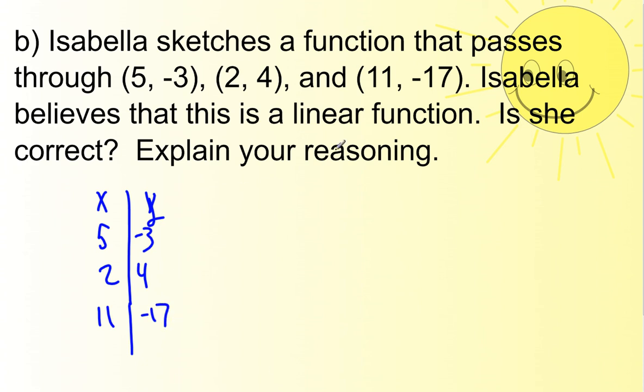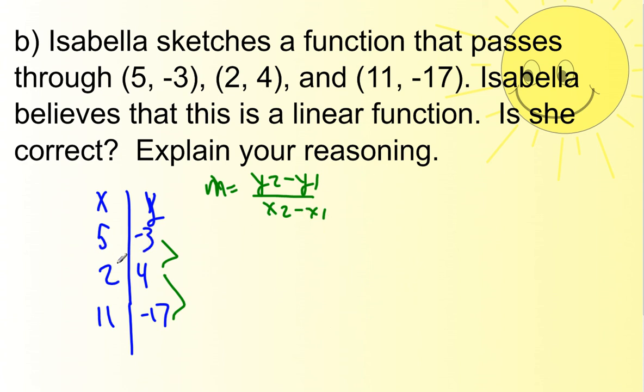So determine if it's a linear function. If the slope remains constant, it's linear. If the slope is different at two different sets of points, then it's not linear. So I'm going to find the slope of maybe those two and those two. Slope formula, m equals y2 minus y1 over x2 minus x1. Yes, I say it and I write it every single time. You probably should too.